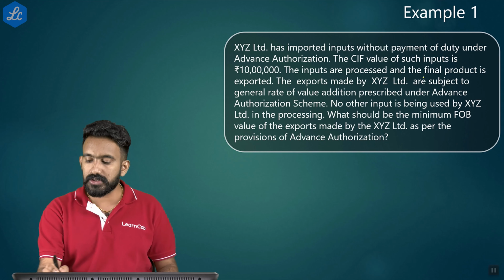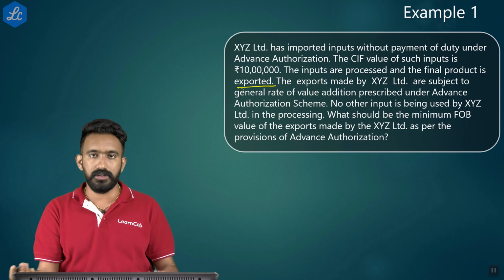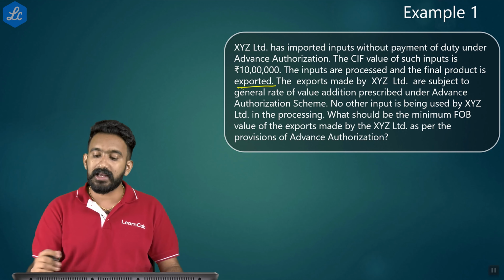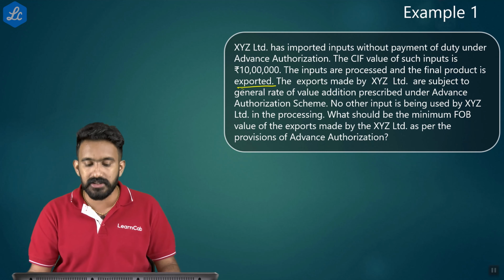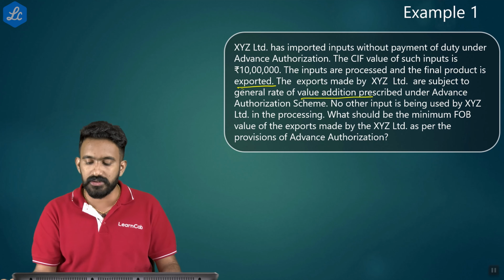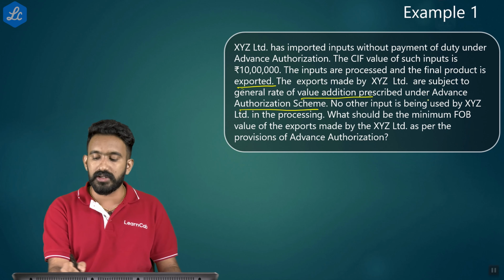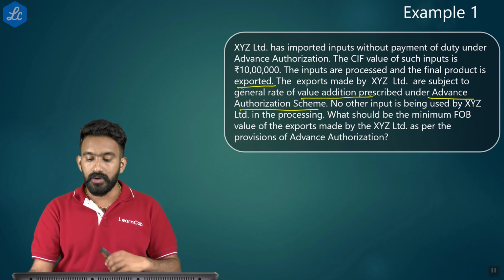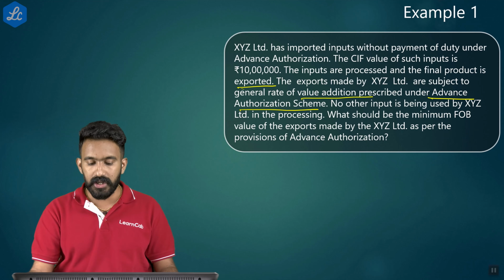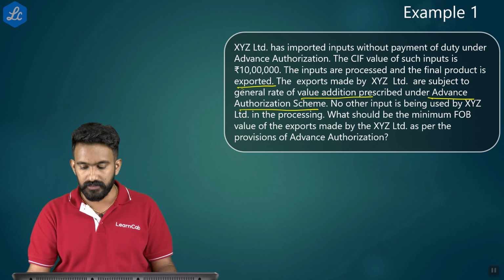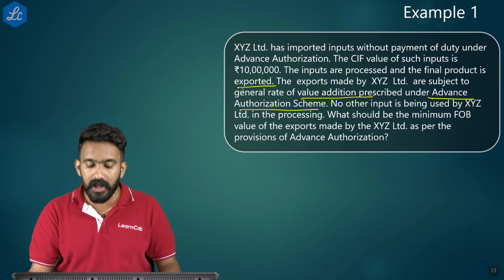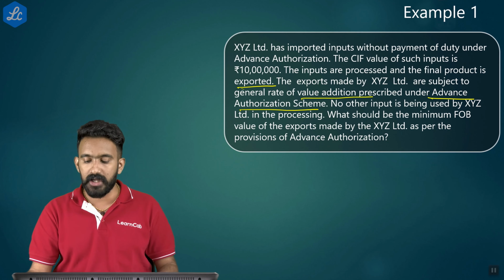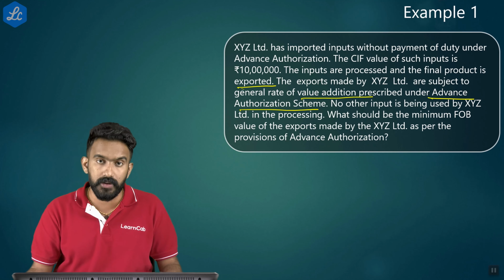The inputs are processed and the final product is exported. Fine, you can get an advance authorization. The exports made by XYZ Limited are subject to the general rate of value addition prescribed under the advance authorization scheme. No other inputs are being used by XYZ Limited in the processing. What would be the minimum FOB value of exports made by XYZ Limited as per the provisions of advance authorization?